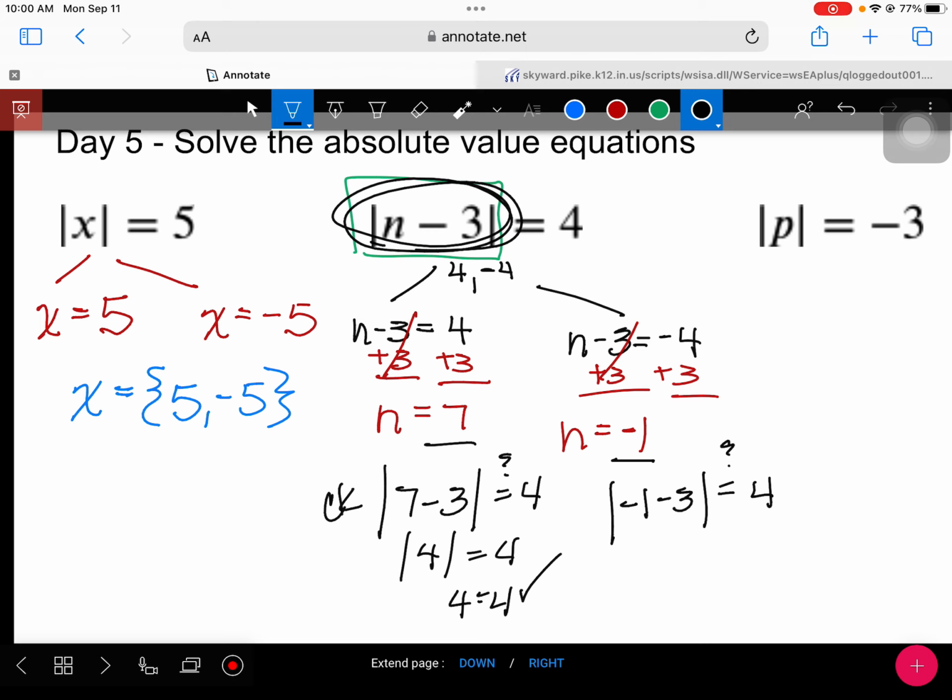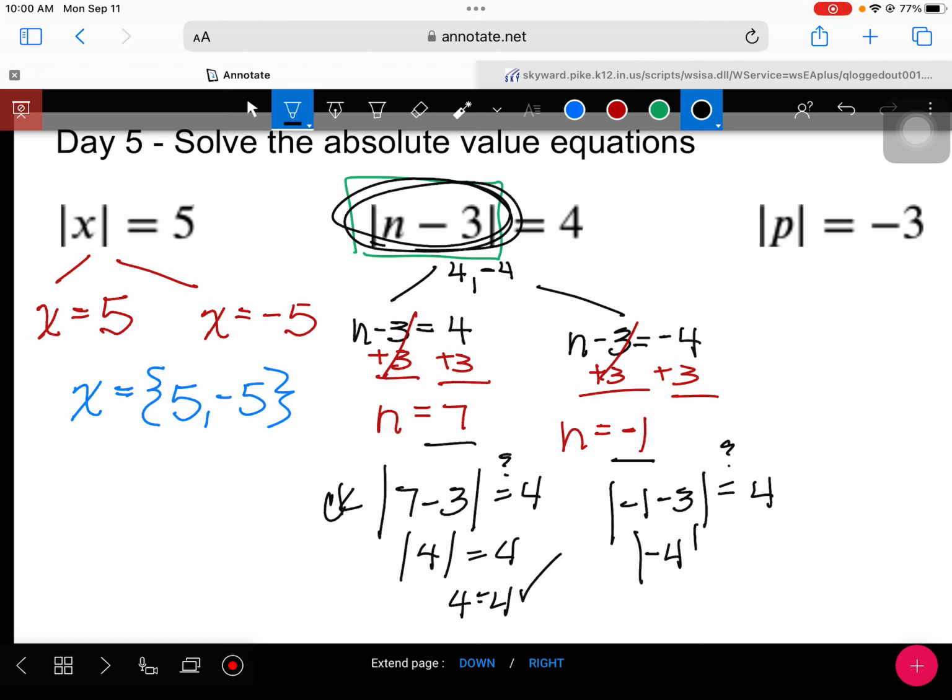-1 minus 3. Now, if some of you have difficulty with your positives and your negatives, please make sure to get a calculator because it gets a little tricky. -1 minus 3 is how much? Are we in slow motion? Yep. I did say something, didn't I? -1 minus 3 is -4.